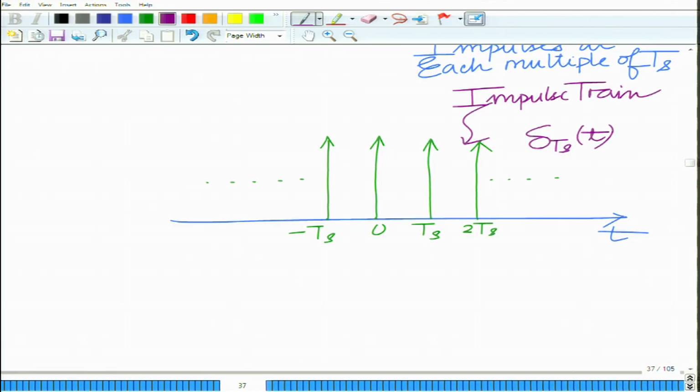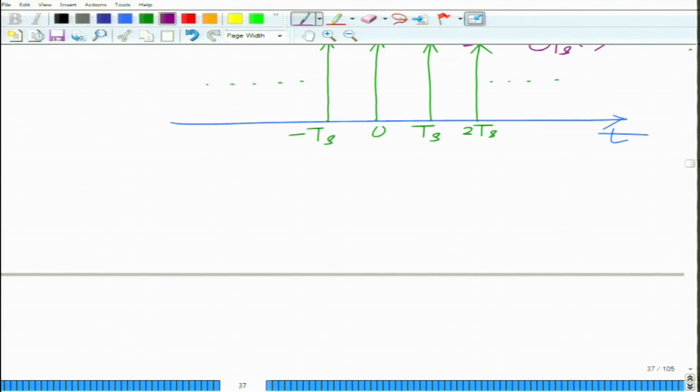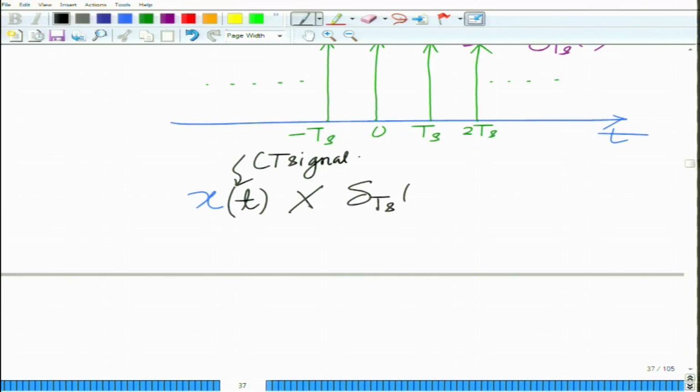Now, what we are doing is we have our continuous time signal. Impulse train sampling is simply that you take the continuous time signal x of t, this is your CT signal, and you multiply it with the impulse train.